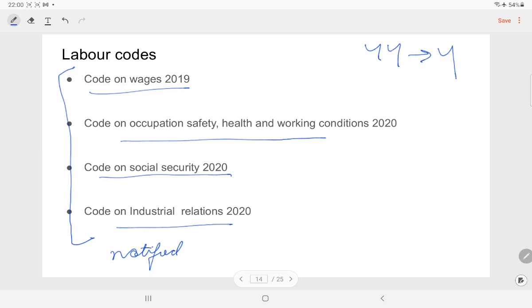So what are these different laws? The Code on Wages Act 2019 aims to regulate wages and bonus.